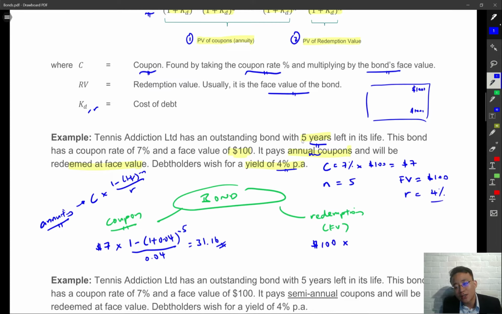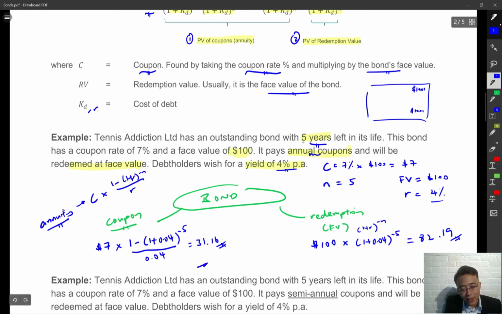It is just 1 plus R to the power minus N, right? So here, your R is 4%, your N you put as 5. So 100 times 1.04 to the power minus 5. Easy peasy, 82.19.